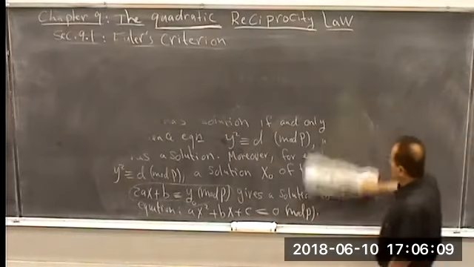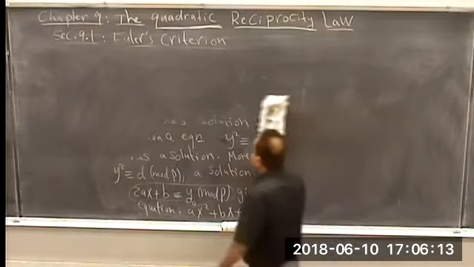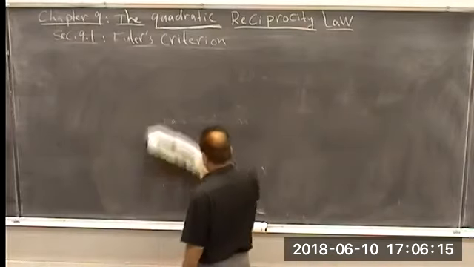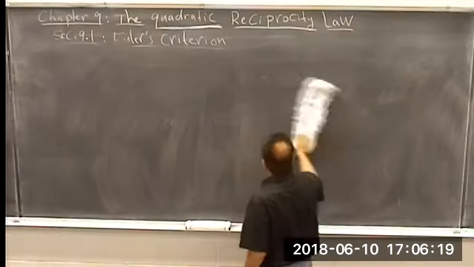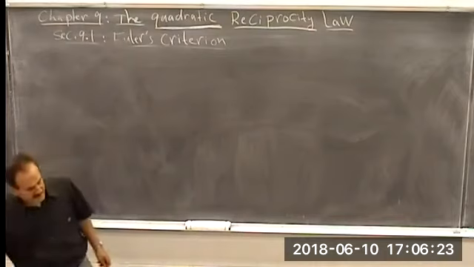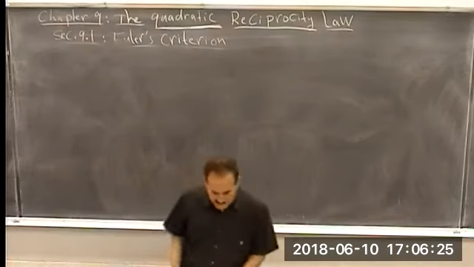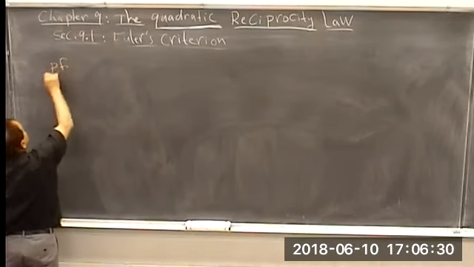All right, let's go ahead and prove this. So remember, this is an if and only if. So let's just start with assuming that we have a solution. Okay, so let's start with the proof.